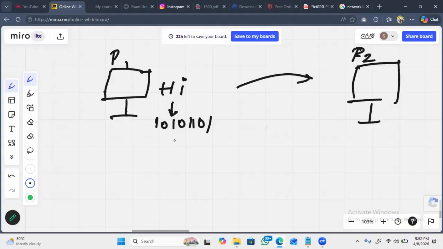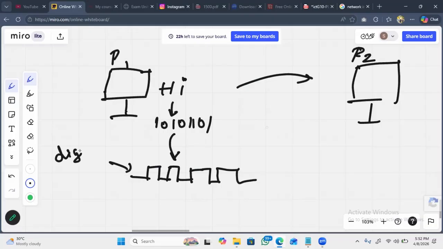It's turned into binary language. Then binary language should be converted to digital signals. See, 1 is up and 0 is down. We call these digital signals, or discrete signals.